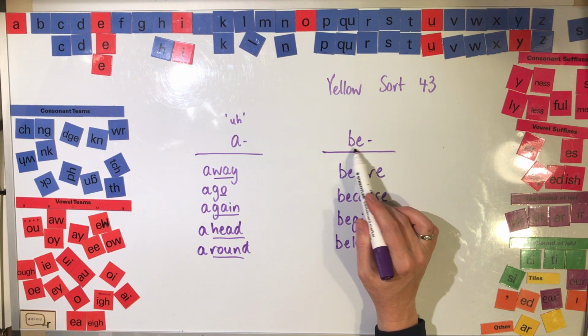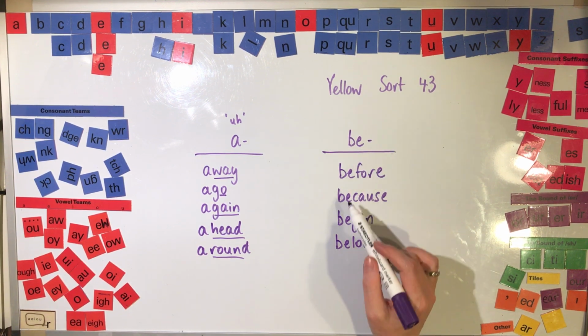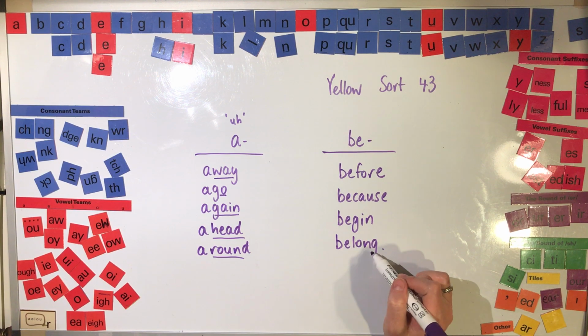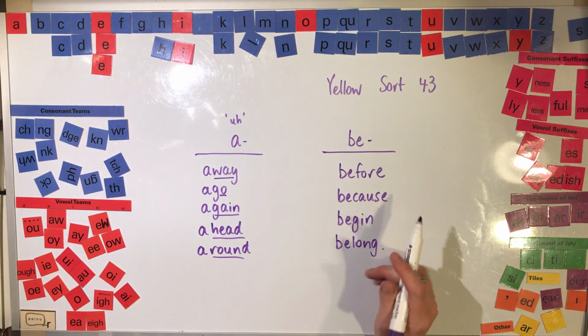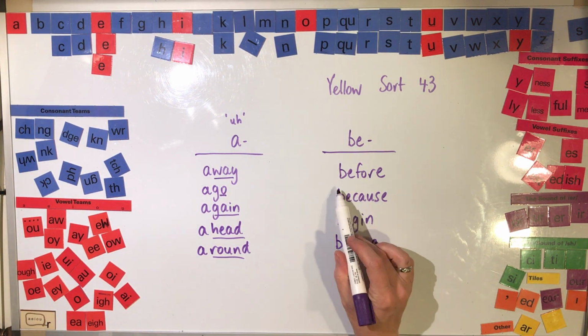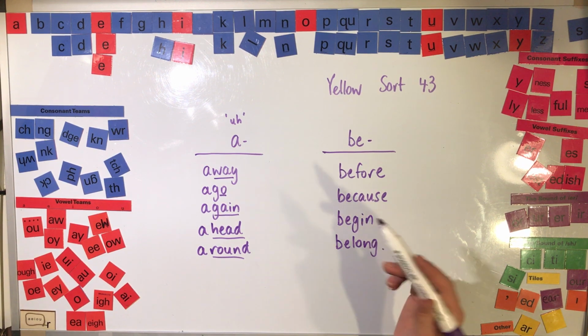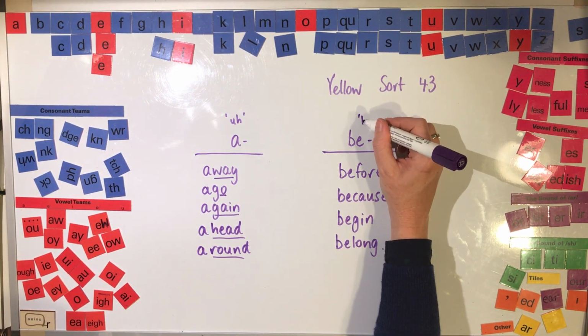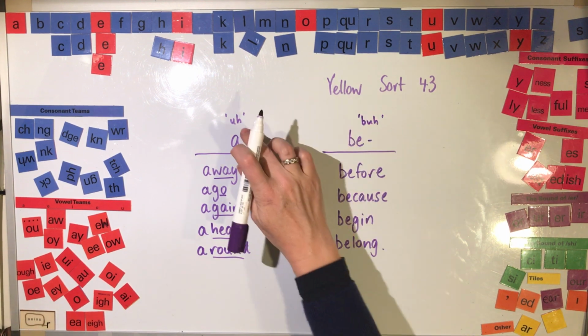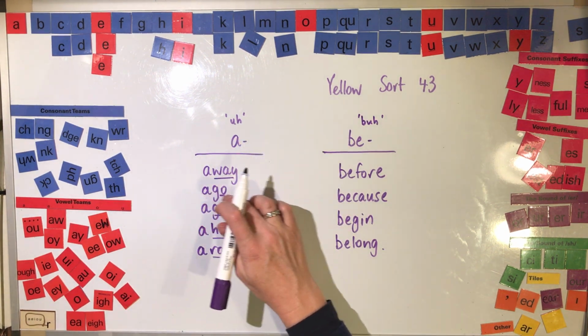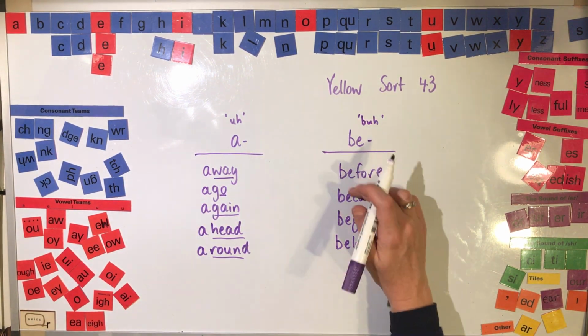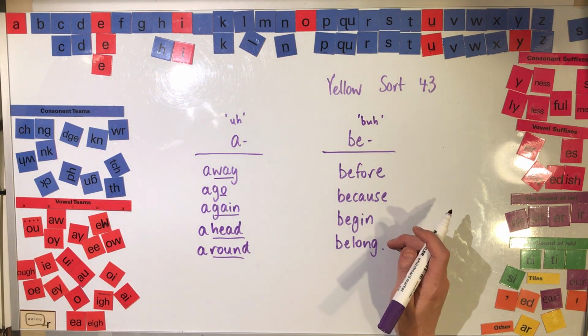Up here you'd say that's a B. B for, because, begin, belong. We actually don't say it like that in real life. If you're reading that as part of a sentence, you say before, because, begin, belong. It's almost like a B sound. So this is an A sound, away, ago, again. This is a bit like a B sound, before, because, begin.